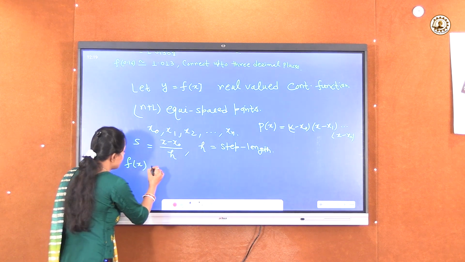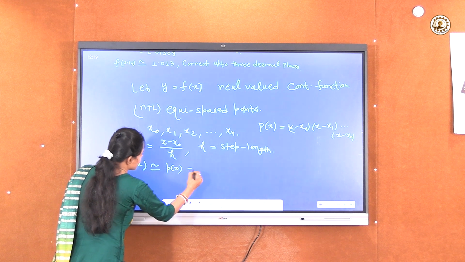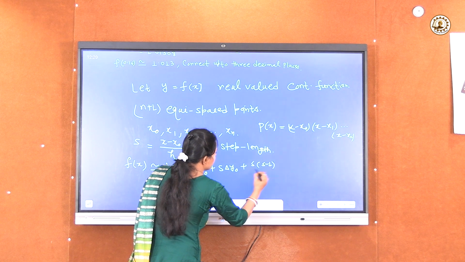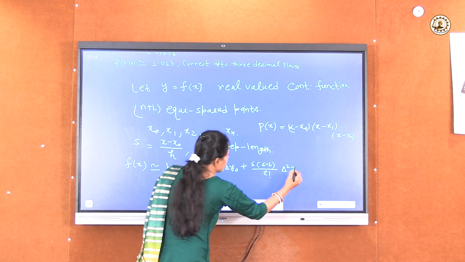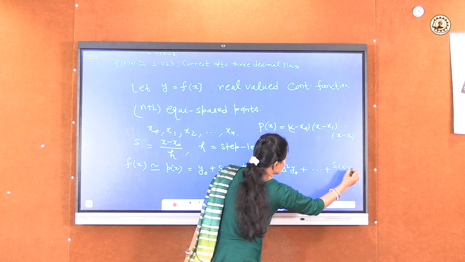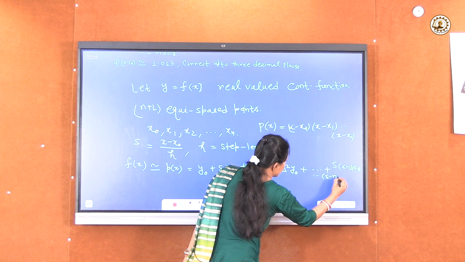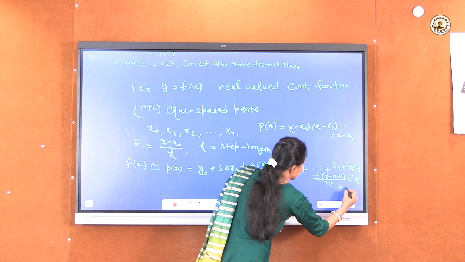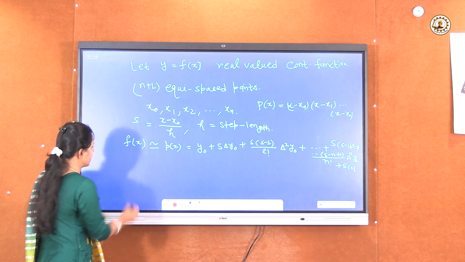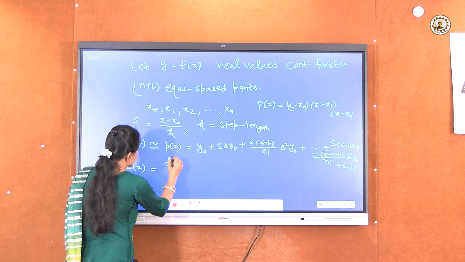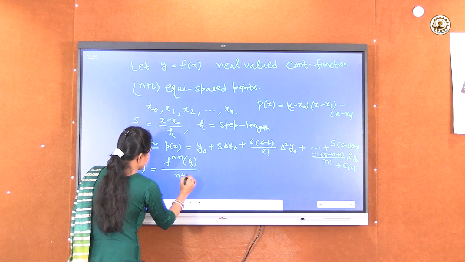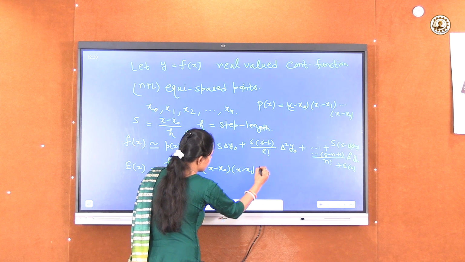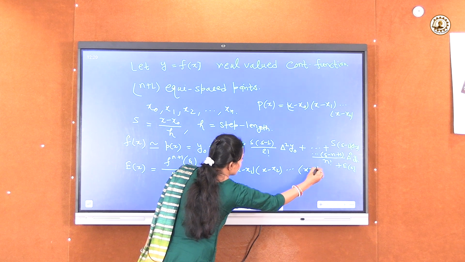Then f(x) is nearly equal to p(x), which equals y0 plus s delta y0 plus s(s minus 1) divided by 2 factorial delta square y0 plus up to s(s minus 1)(s minus 2) up to (s minus n plus 1) divided by n factorial delta to the power n y0, plus some error E(x), where the error formula is f to the power n plus 1 of xi divided by (n plus 1) factorial times the polynomial (x minus x0)(x minus x1)(x minus x2) up to (x minus xn).